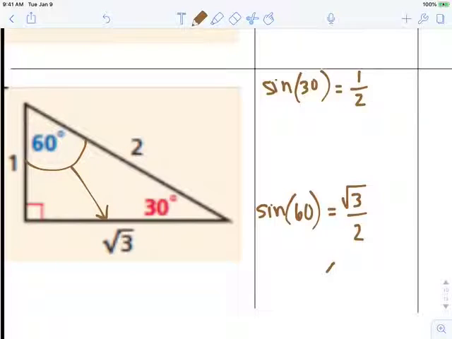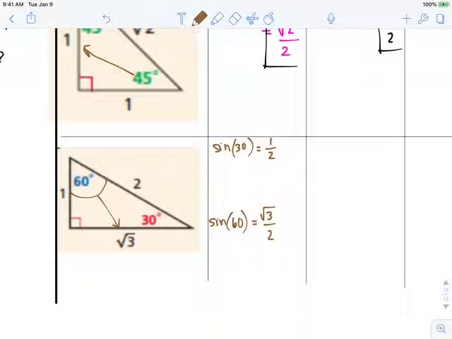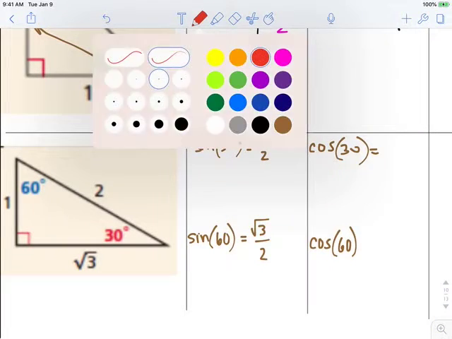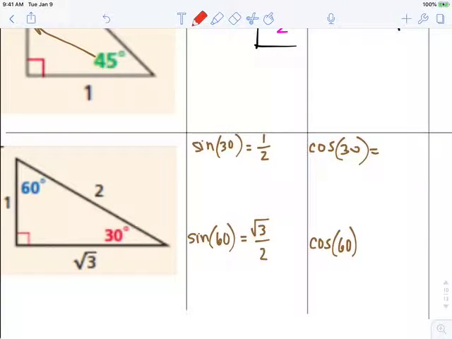Okay, now let's do cosine of 30 and cosine of 60. Sorry, cosine of 60 and cosine of 30. Let me reorganize that. Cosine of 30, cosine of 60. Well, cosine of 30 is adjacent over hypotenuse.